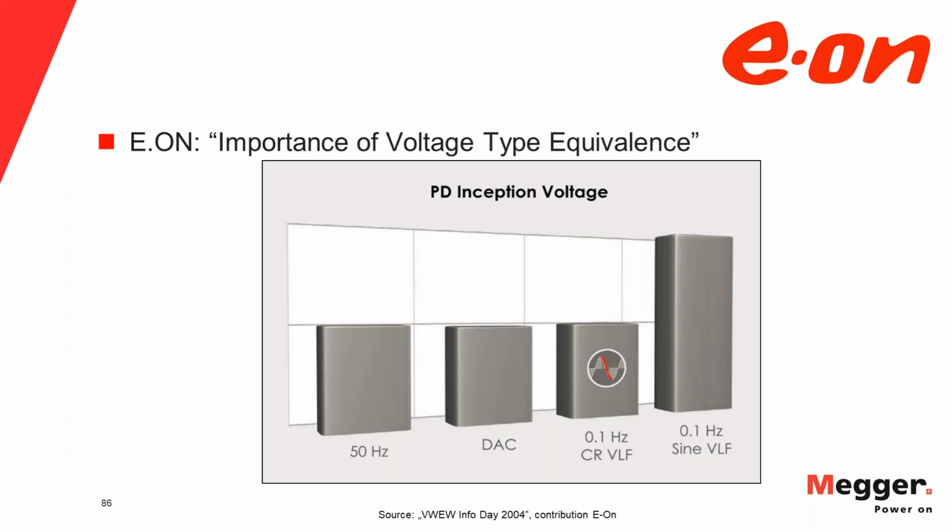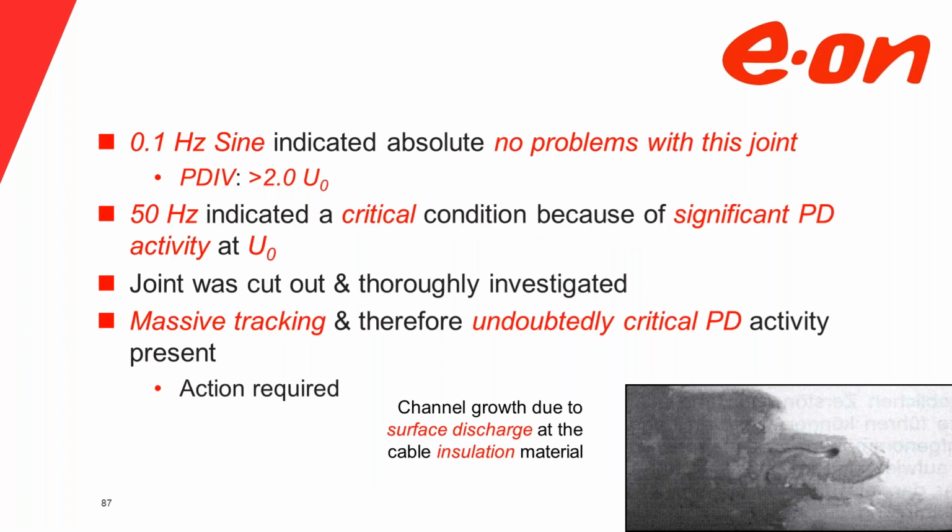And the sinusoidal: problems with inception voltage, amount of counts like the intensity, and the magnitude. And these are some more pictures. You see the tracking. It's not the best picture, but you see the surface is getting damaged. So action was required. That was the takeaway message from that comparison.